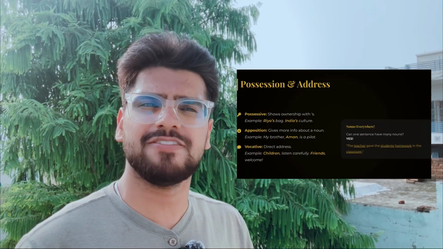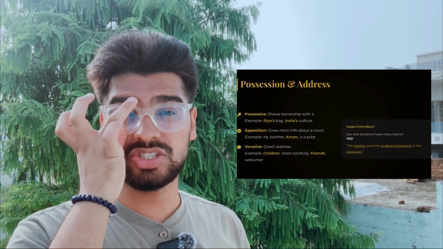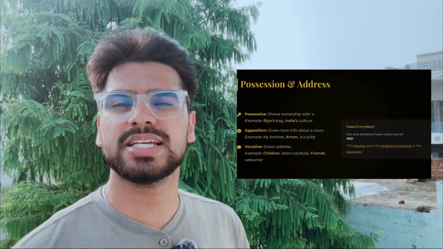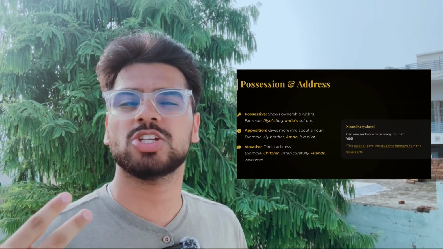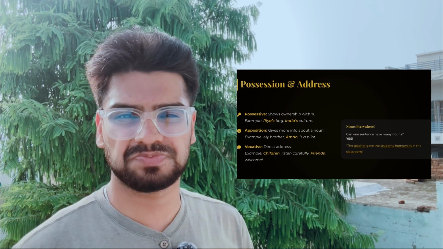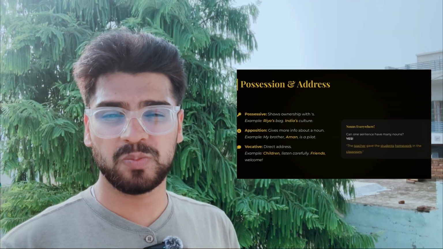Can one sentence have many nouns? Yes. Example. The teacher gave the students homework in the classroom. In this sentence, teacher, students, homework, classroom, all are nouns. Nouns are everywhere. Look around your room.